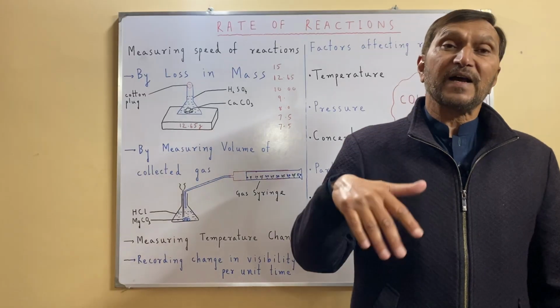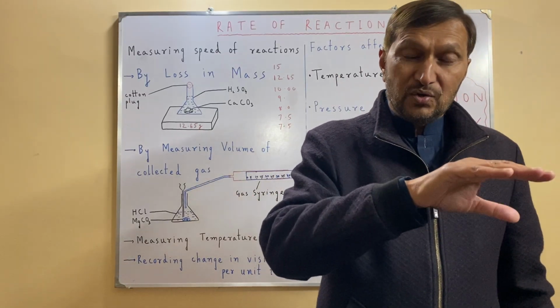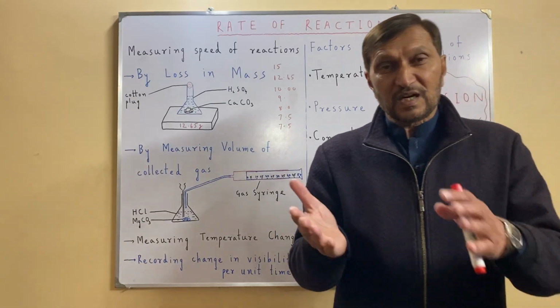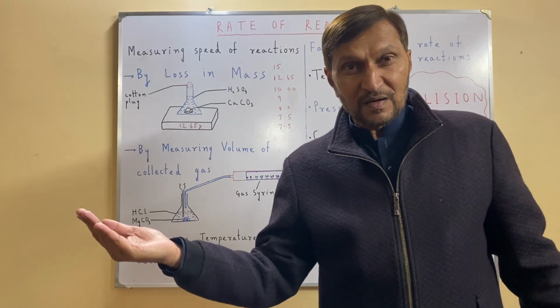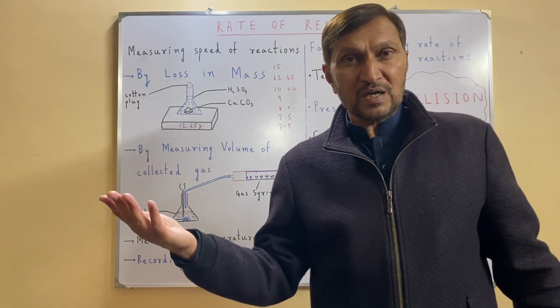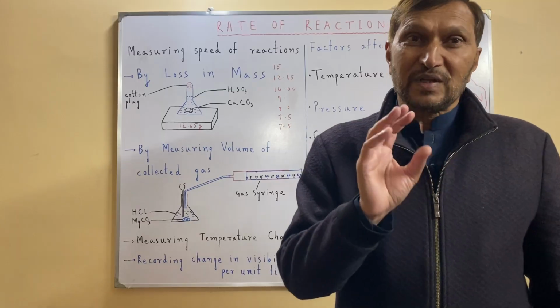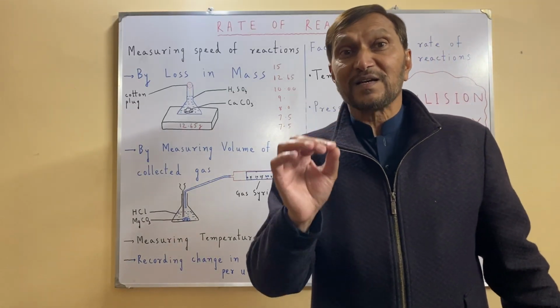In the hydrogenation process, when we convert unsaturated hydrocarbons into saturated hydrocarbons, for example in making vegetable ghee or margarine from cooking oil, nickel is the catalyst.